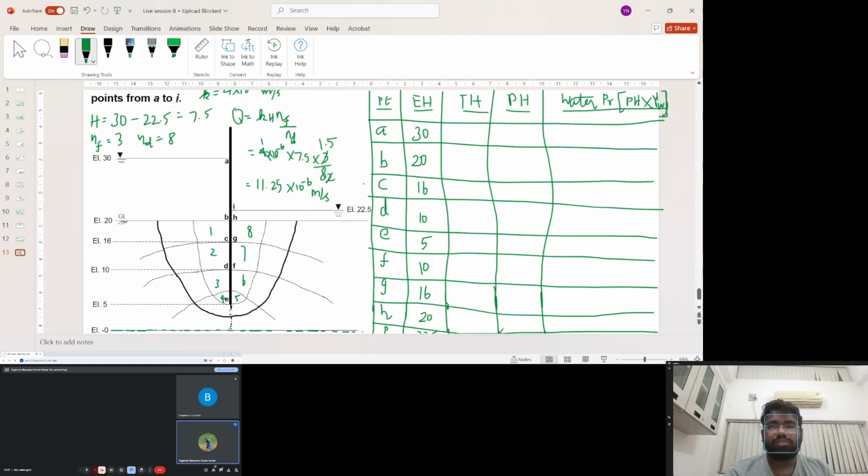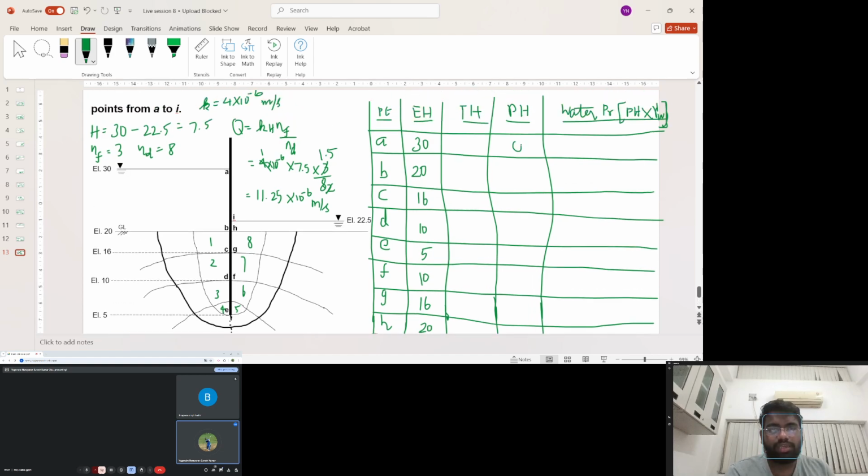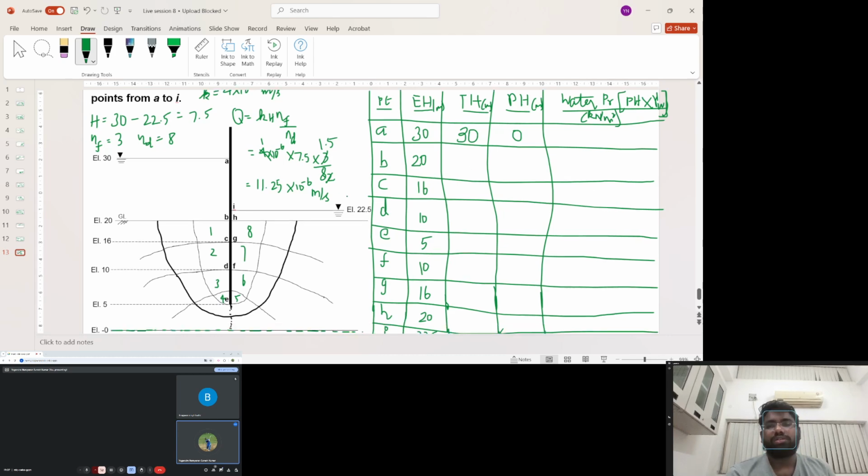It is at the atmospheric condition. So pressure head at A is 0 and the total head is 30. Understood? So everything is in meters. This will be in kilonewton per meter square or kilopascal. All right.